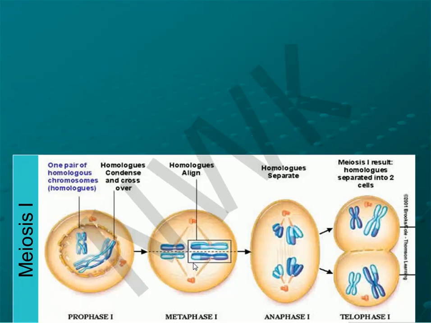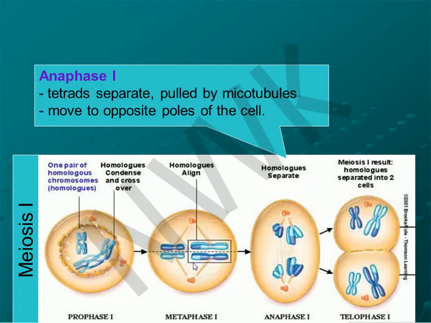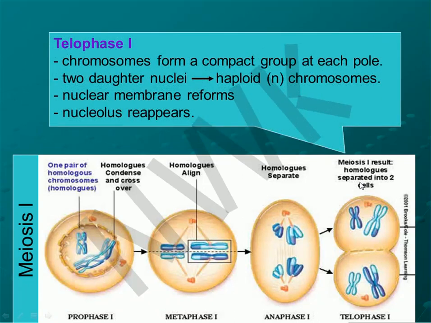Later on, when you proceed to anaphase 1, the chromosomes will be pulled to the opposite poles. You can see this chromosome and this chromosome moving to opposite poles, and then the cell starts to break apart.